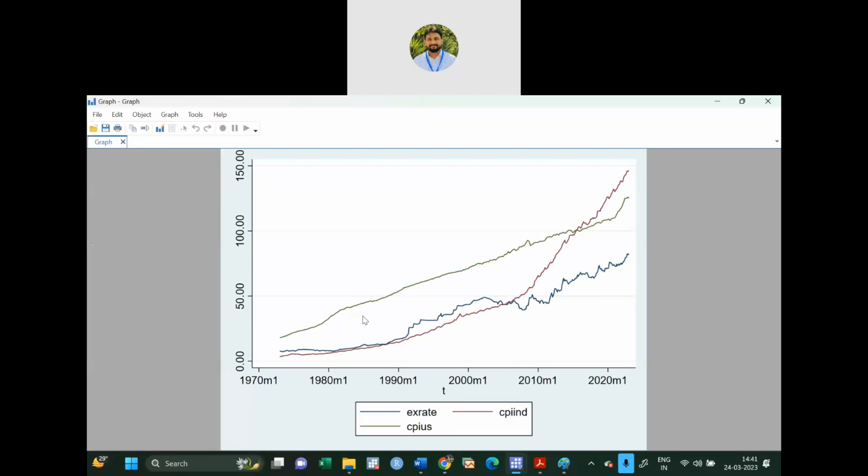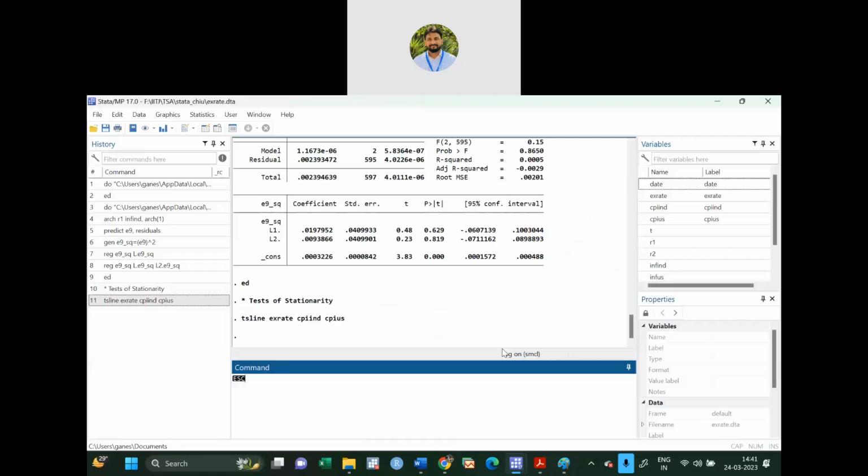After 2008-9, you find that the consumer price index of India has moved really fast, right? Moved really fast. Moreover, all of them being non-stationary is clearly visible in the time series plot itself, right? Okay.